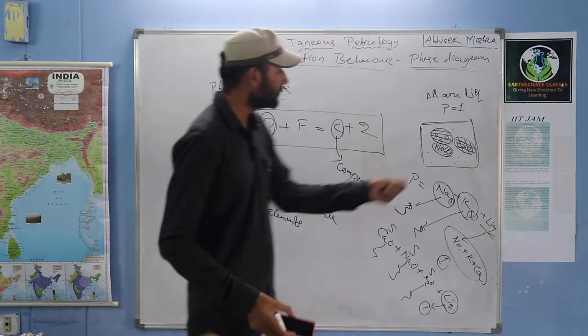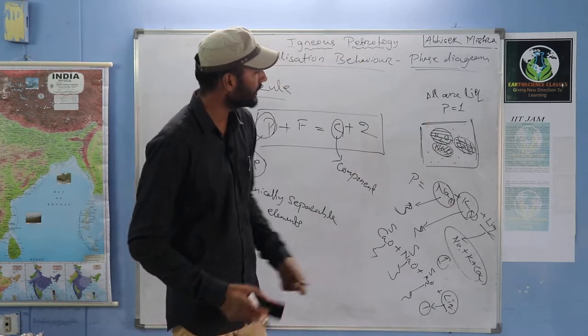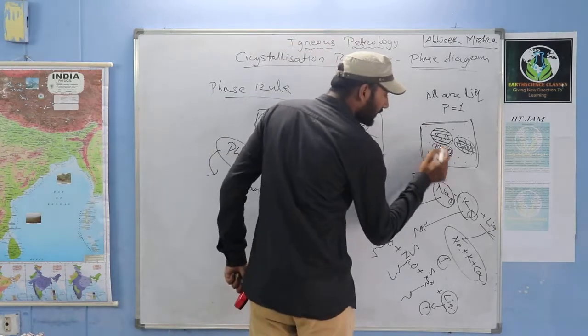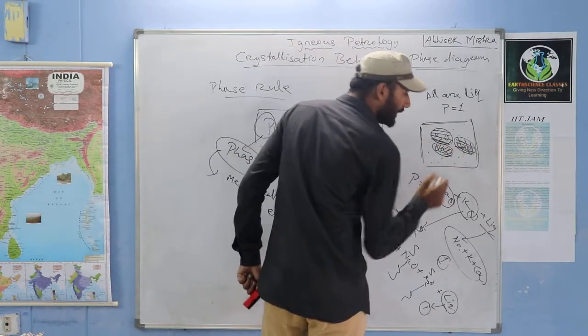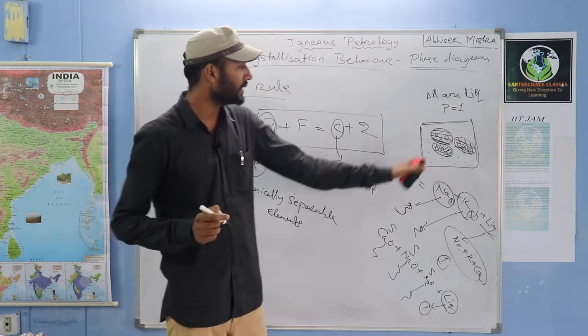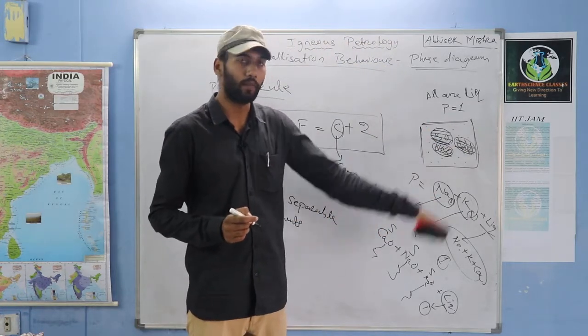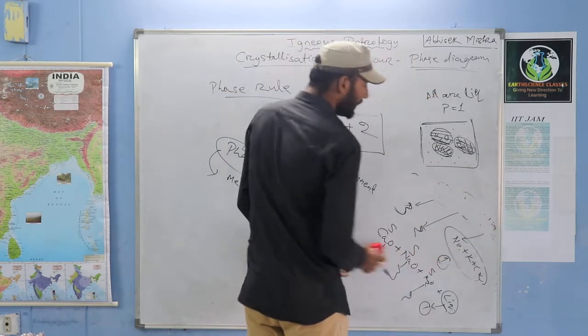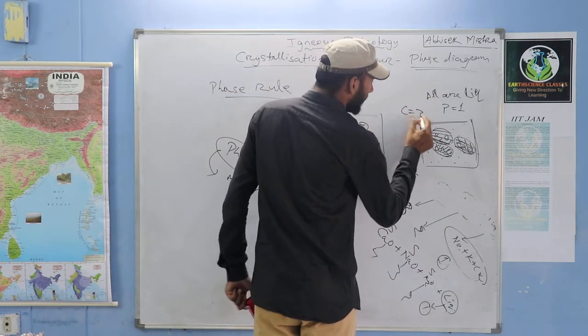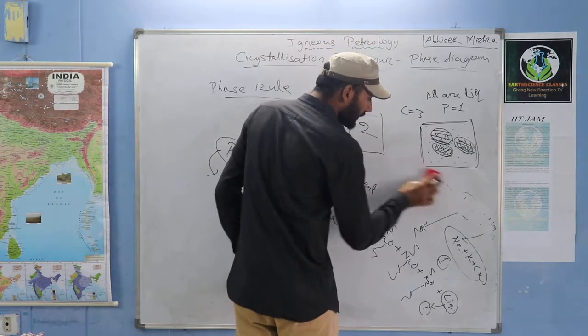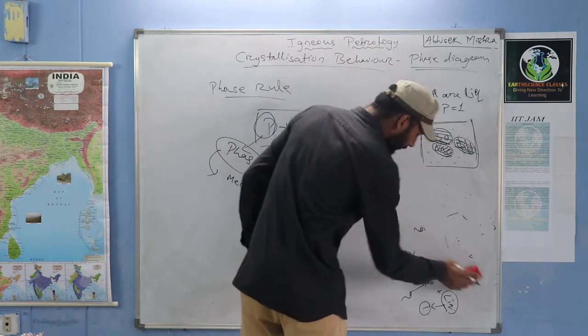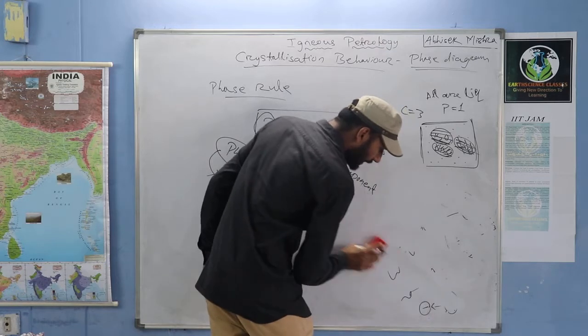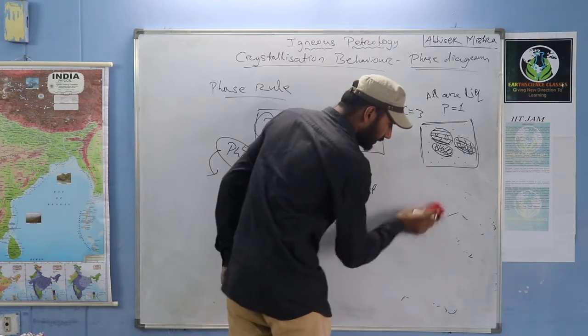Right? Now tell me how many components are there? Sodium oxide, potassium oxide and calcium oxide. 3 components are there within this magma, within this melt. So the number of components is 3. As I have told you, in a magma there are many components.